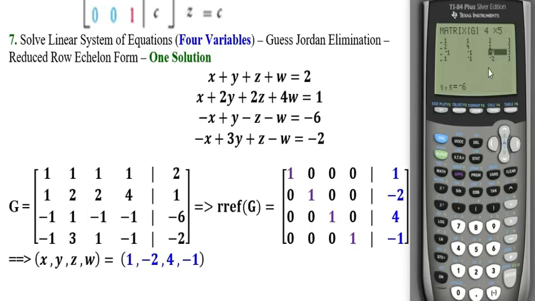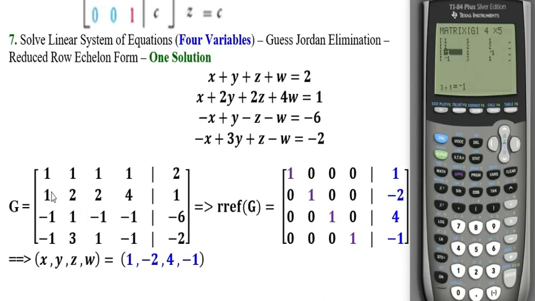Okay, let's make sure our entries are correct again. 2, 1, minus 6, minus 2. 1, 4, minus 1, minus 1. 1, 2, minus 1, 1. 1, 2, 1, 3.